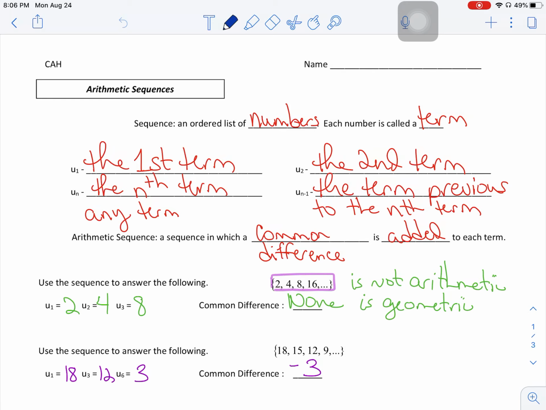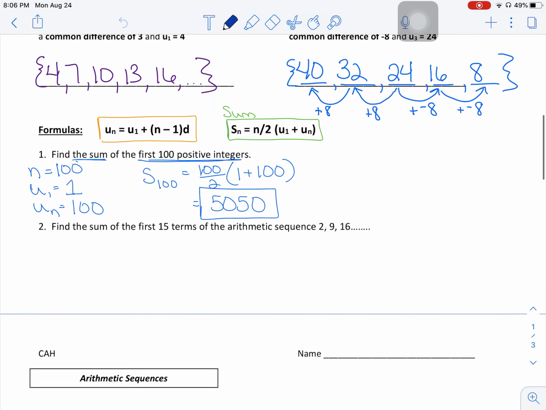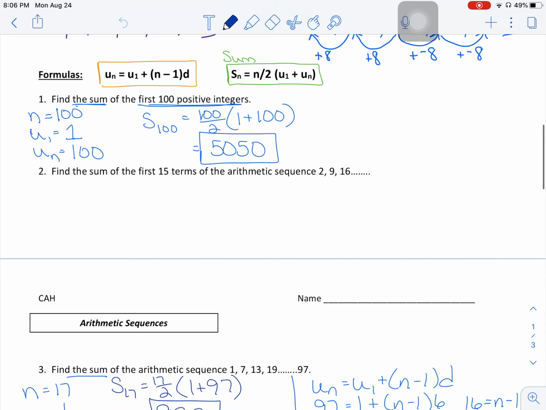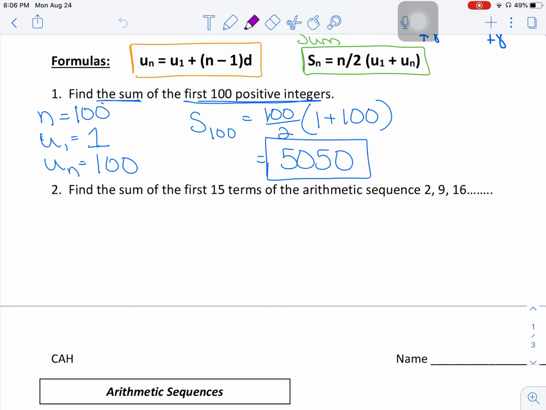So we did all this front page here, we got down here, we did all this fun stuff. I'm actually going to pick up problem number 2 here and start working with this one. Problem number 2 says I am supposed to find the sum of the first 15 terms. As soon as I see that first 15 terms, I know that n is going to equal 15.